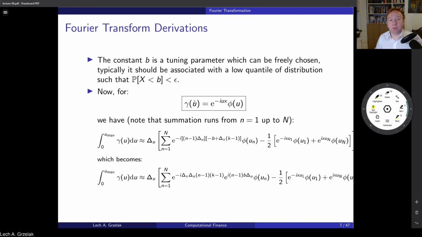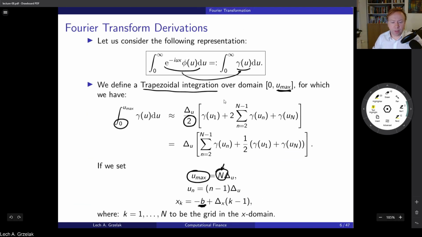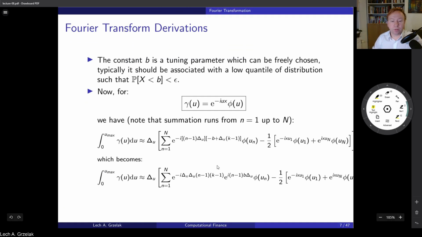Gamma was convenient when we talked about integration, how to define the trapezoid integration. Now that this is done, it's good to go back. After substituting, we have u, which defines our u_n. This is our grid at every point. We also have x_k, our grid for x. So after substitution, we end up with the following.